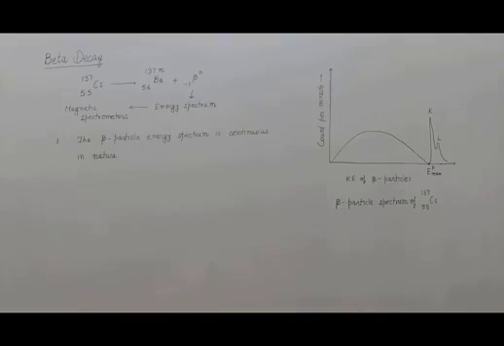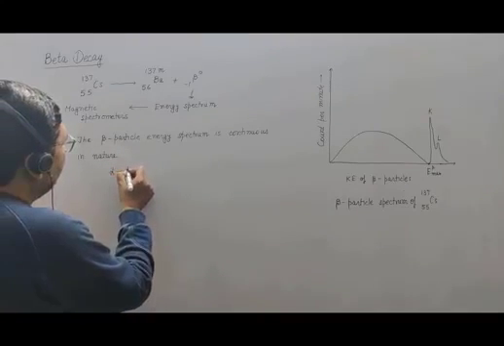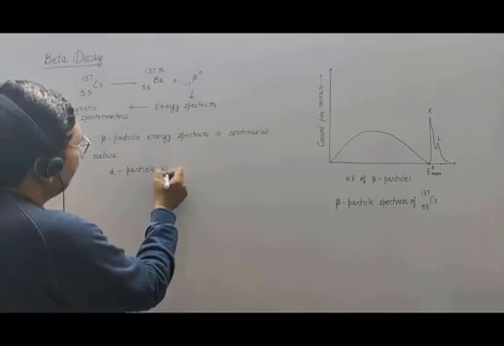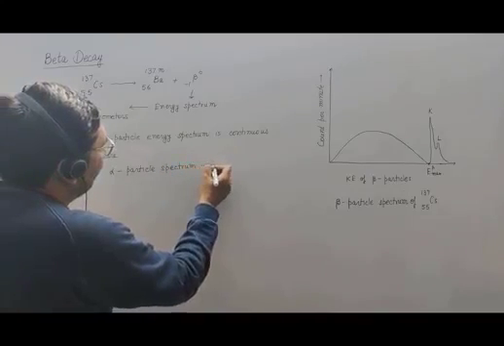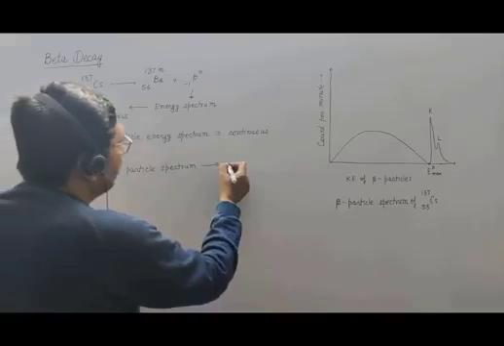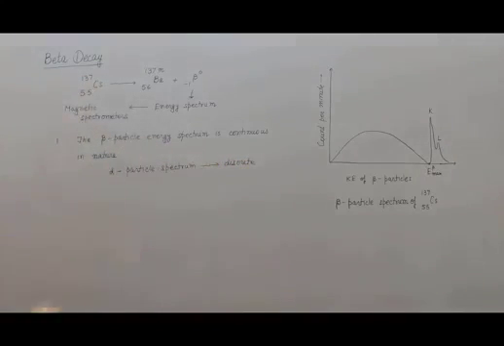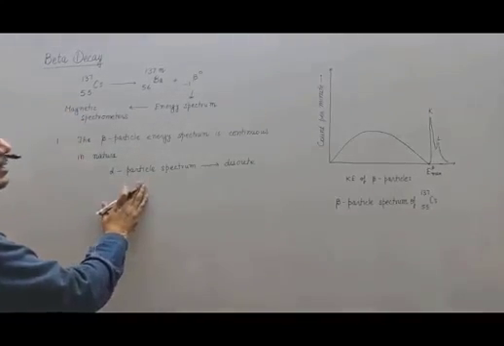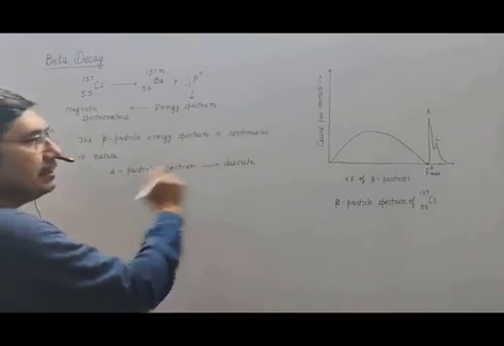In the case of the alpha particle spectrum, we observed that the spectrum was discrete. So the beta particle spectrum is continuous, while the alpha particle spectrum which we discussed earlier was discrete in nature.